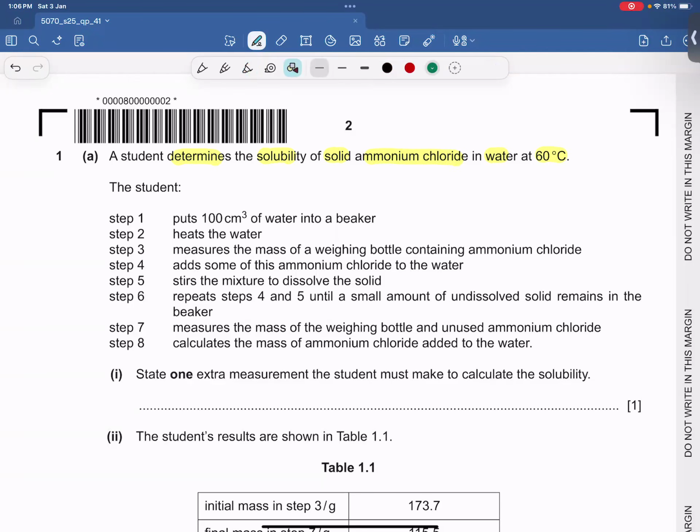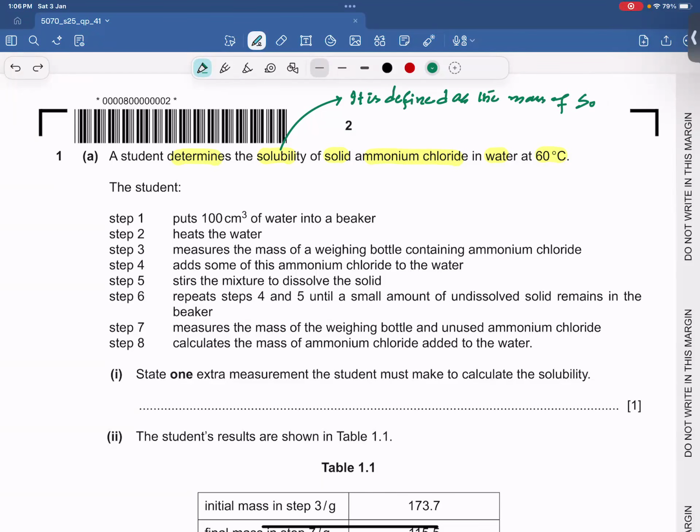So first of all, we must know what is meant by solubility so that we can apply the concept promptly. It is defined as the mass of solute dissolved in 1 dm cube of water. Solute is basically the solid. It could be any solid.